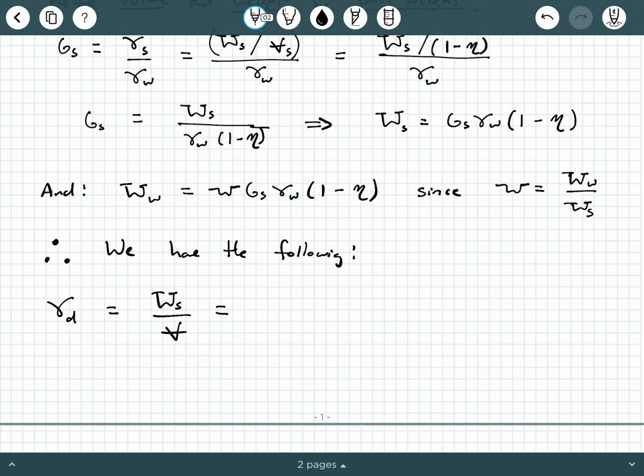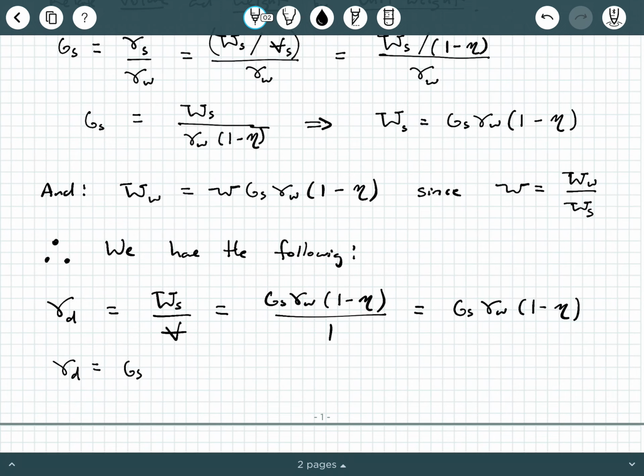But I can substitute that weight of solids term into my numerator, so I'll get G sub S gamma water times 1 minus porosity, all divided by my total volume, which was 1. Remember, we assumed that earlier. And then, of course, that's just G sub S gamma water times 1 minus porosity. Okay, so again, this becomes a handy formula for dry unit weight.